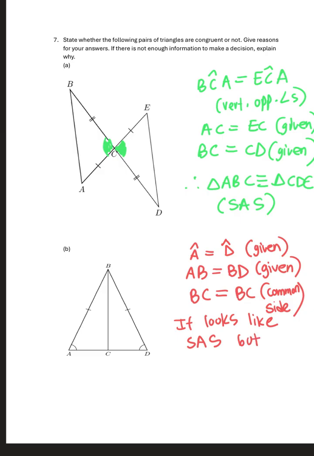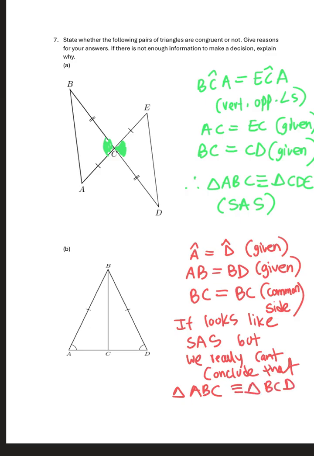But we really can't conclude that triangle ABC is congruent to triangle BCD.